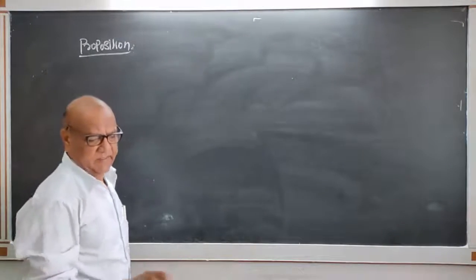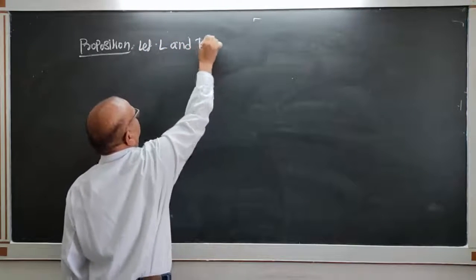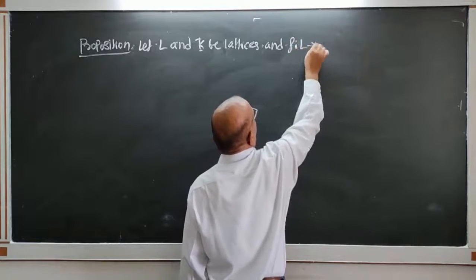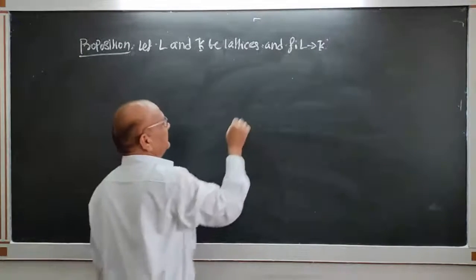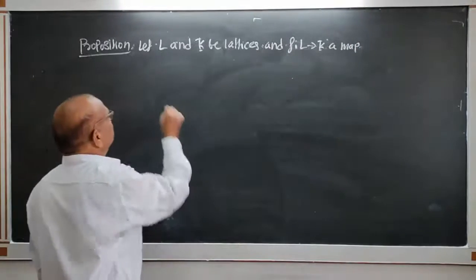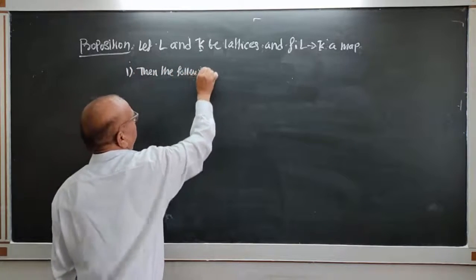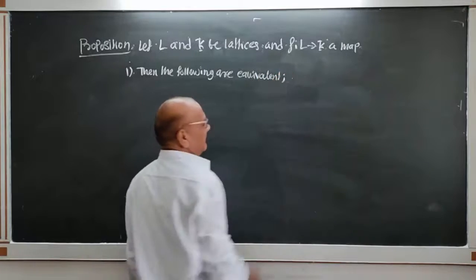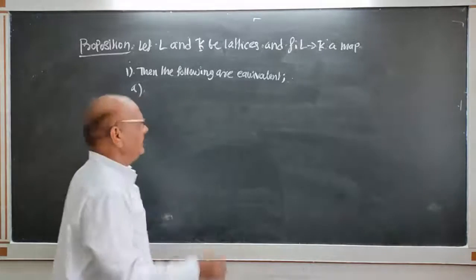One proposition here. Let L and K be lattices and F a mapping from L to K. Then the following are equivalent. A: F is order preserving.